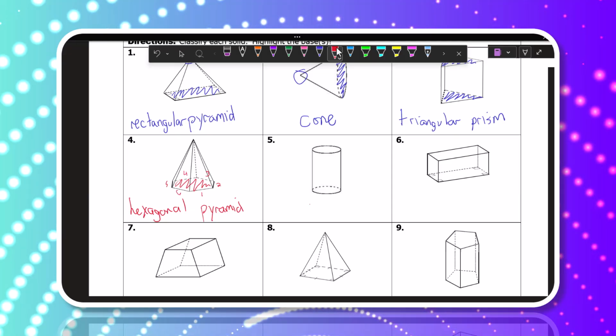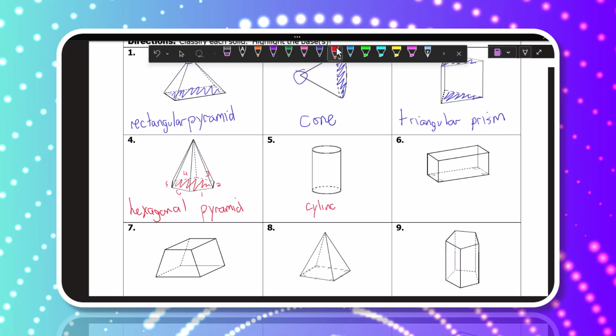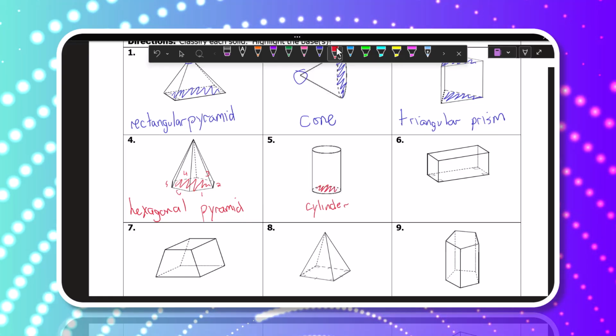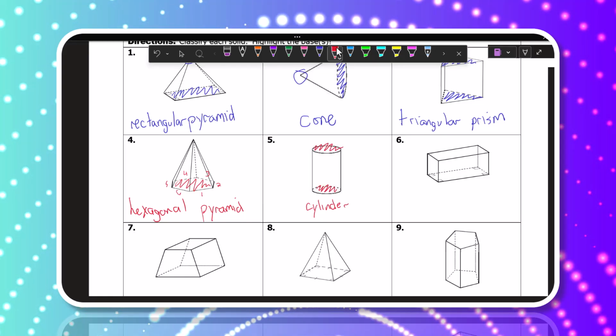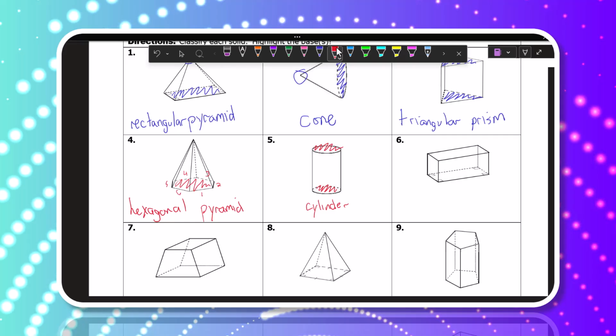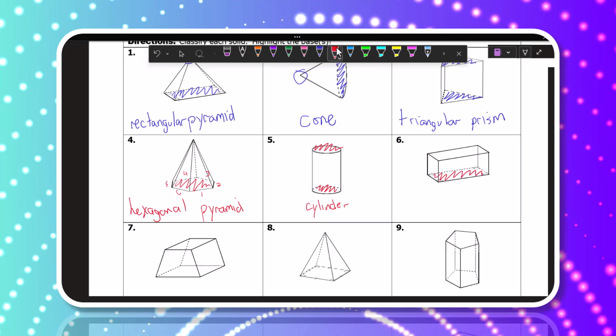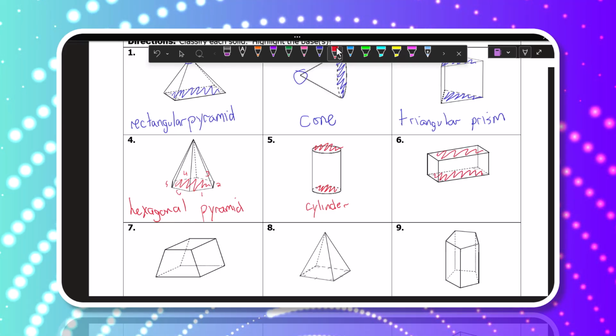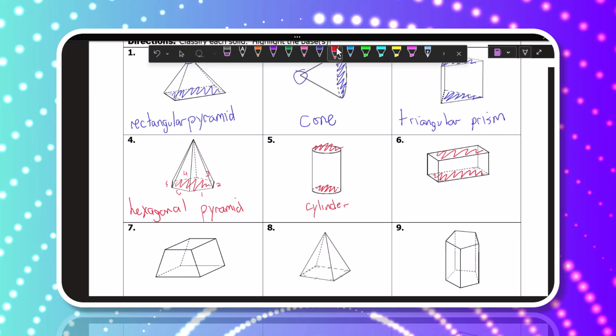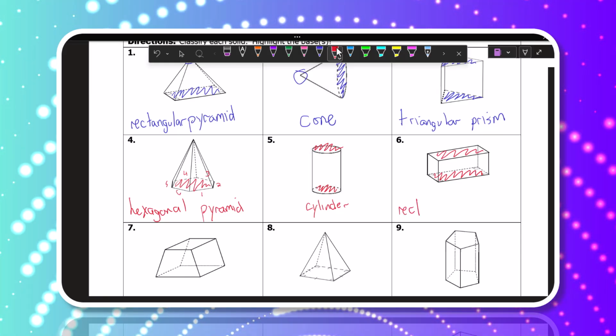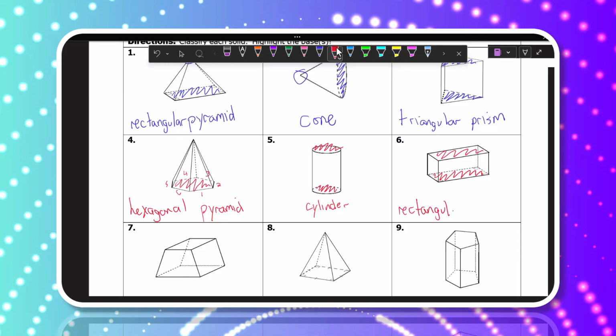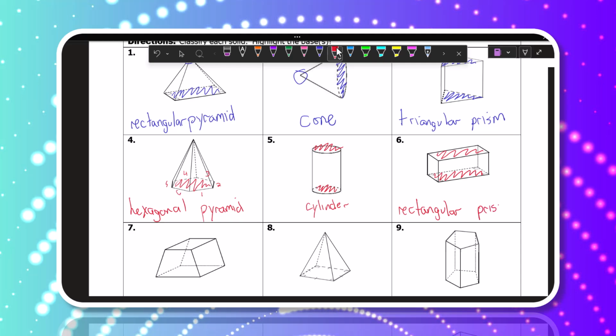Of course, number 5 is cylinder. Bases are the two circles. Number 6, the base, and the base, although many of them could be bases. This is a rectangular prism.